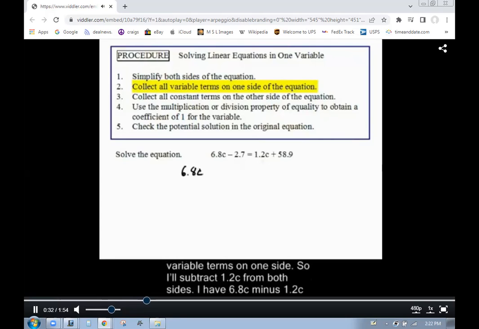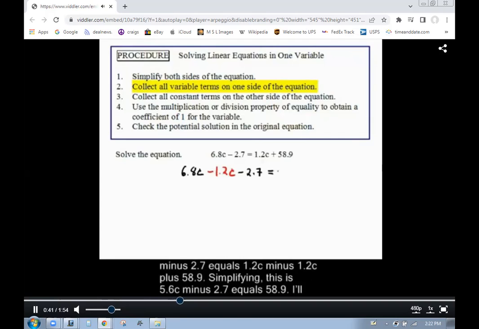I have 6.8c minus 1.2c minus 2.7 equals 1.2c minus 1.2c plus 58.9. Simplifying, this is 5.6c minus 2.7 equals 58.9.